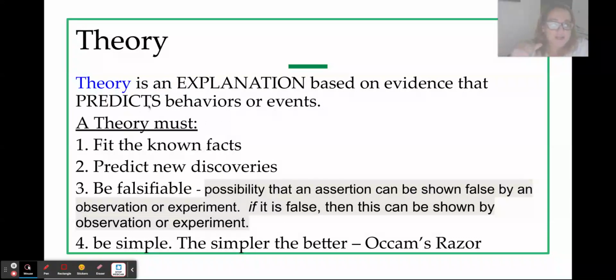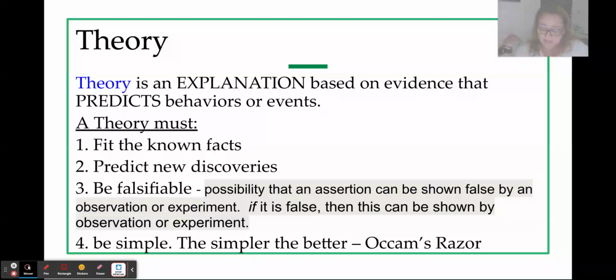Now, the next thing is a theory. A theory is not a law. In psychology, all you pretty much will see are theories. There are going to be very, very few laws in psych that we cover, but for the most part they're theories, which is an explanation of behaviors or events. I want you to write that down. This is still under the scientific method, your next little bullet, which is theory.